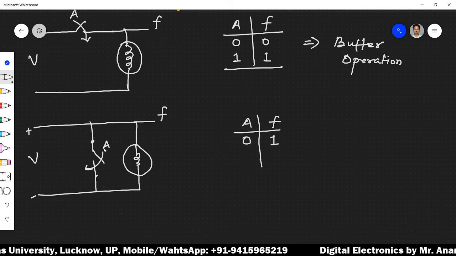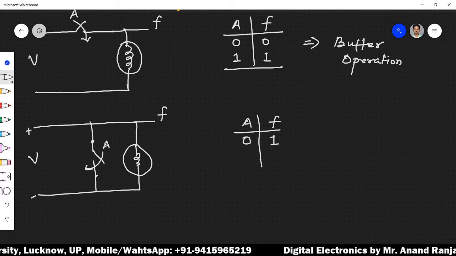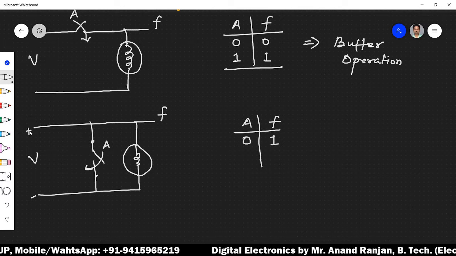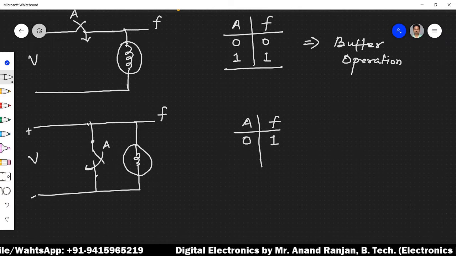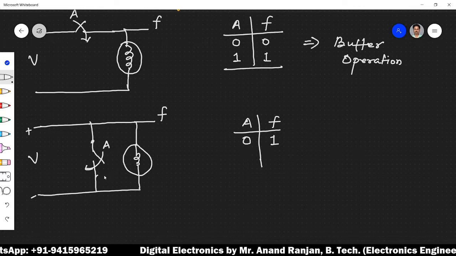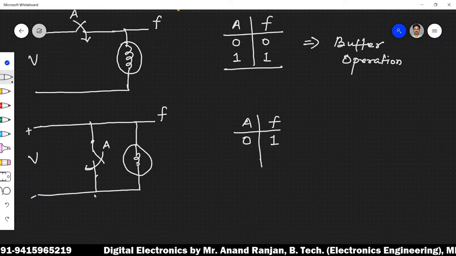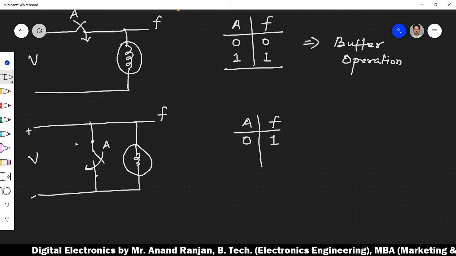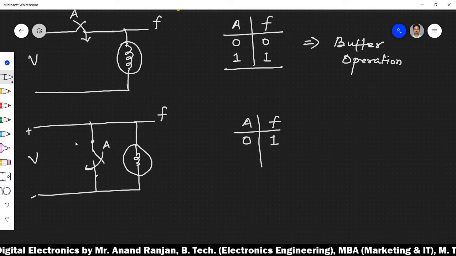And what happens when this switch A is closed? When the switch A is closed, the supply is connected across both terminals in parallel. But as we know, the tendency of current is to follow the easiest, low resistance path.